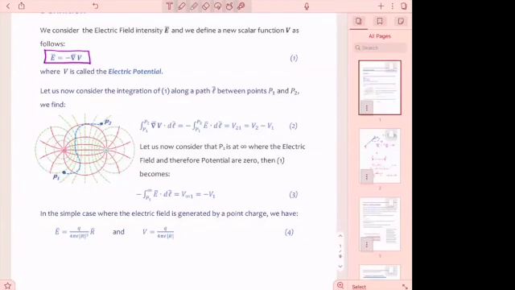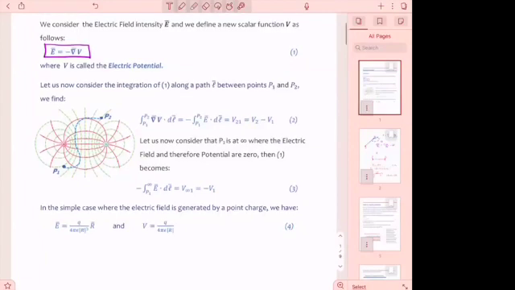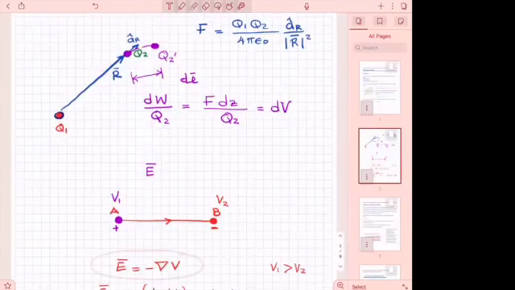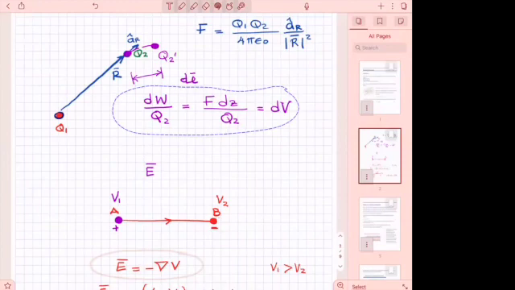And why is that? Because you remember when I wrote this relationship, for small distances you assume that the force F did not change, but when you have large distances, the force from one point of your electrostatic space to another point changes.